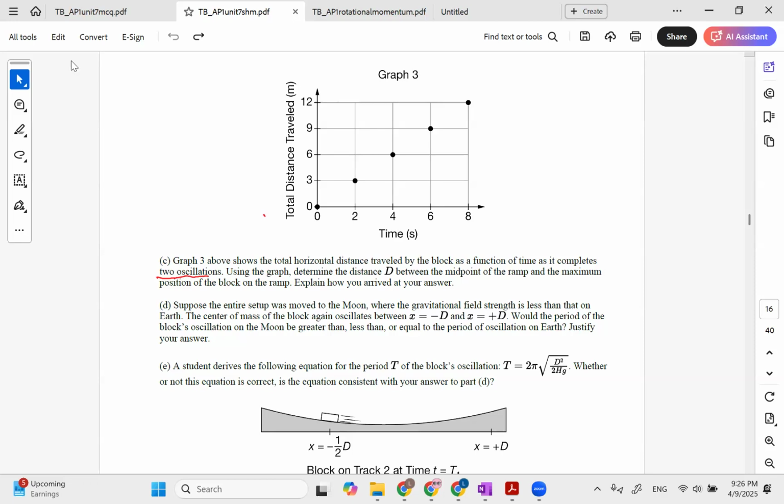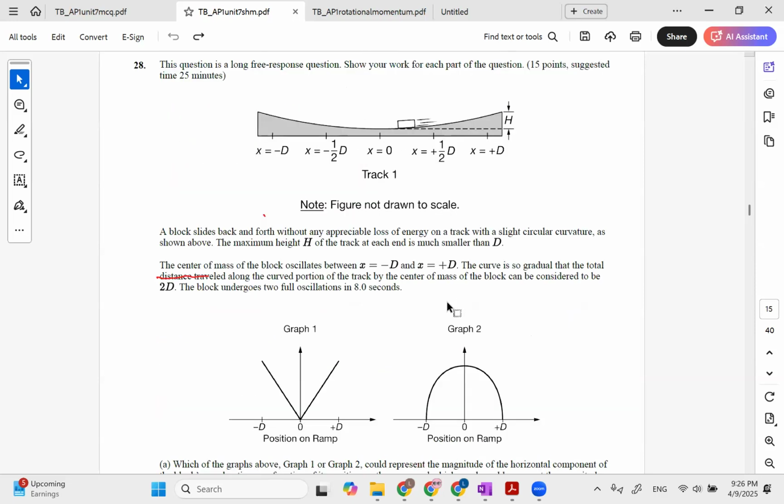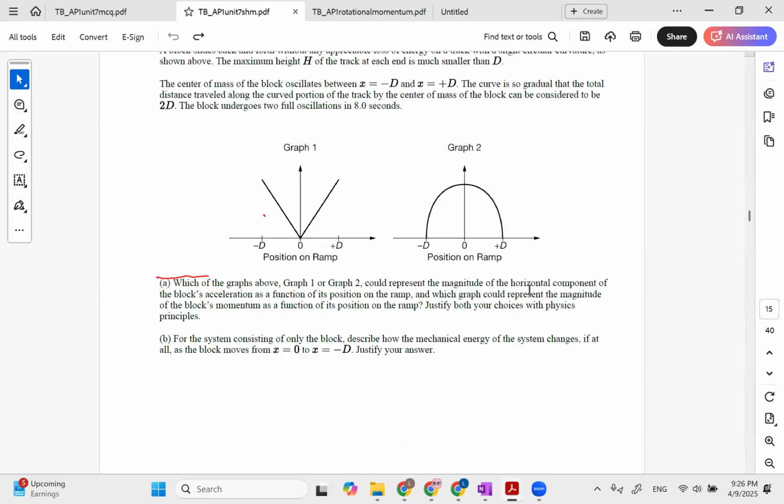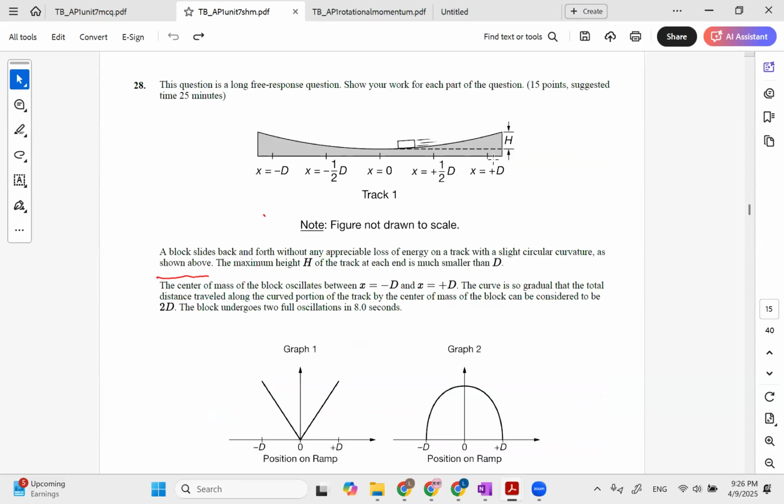Two oscillations. If you look at this graph, what is two oscillations? What's the distance it will go through? You estimate using the horizontal distance, right? It's similar to the multiple choice question you did.